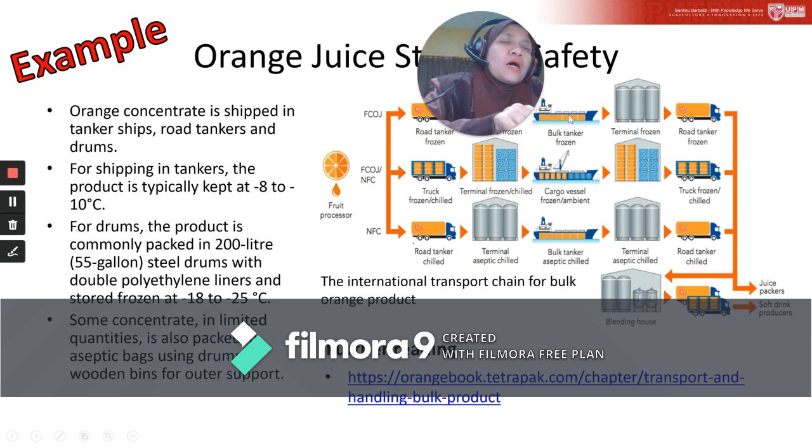Then they use the cargo ship to transport the frozen juice, and at the receiver's place there is also terminal storage nearby the port, and then they use a road tanker, frozen road tanker, to transport it to the production facility. So this is the reality of how the industry practices.